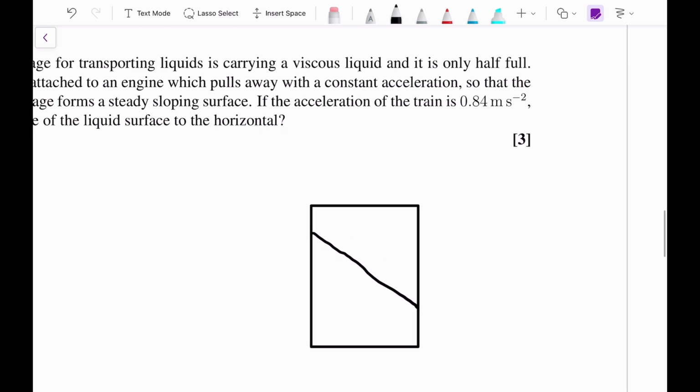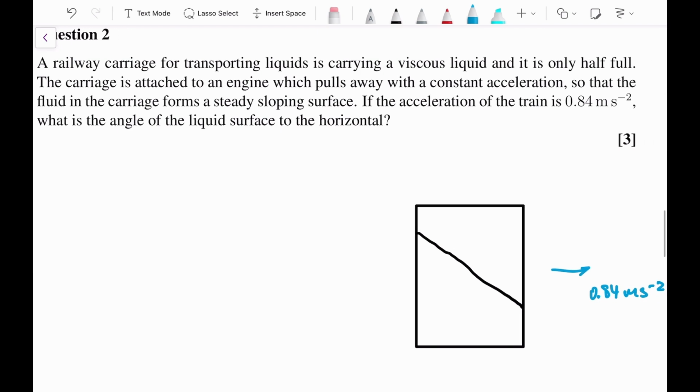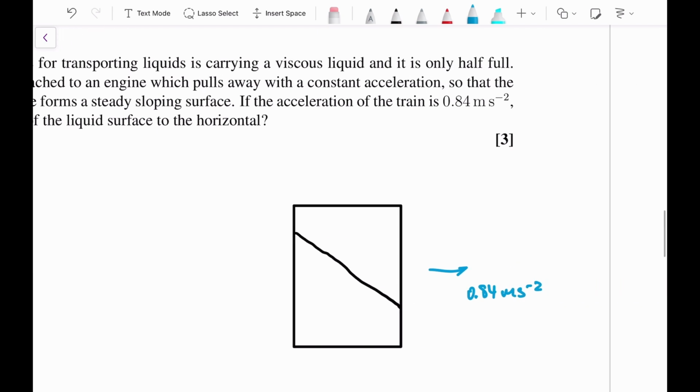So in this case, let's say it's moving this way at 0.84 meters per second squared. What we want to calculate is the angle to the horizontal. So say this is the horizontal, we want to calculate this angle.